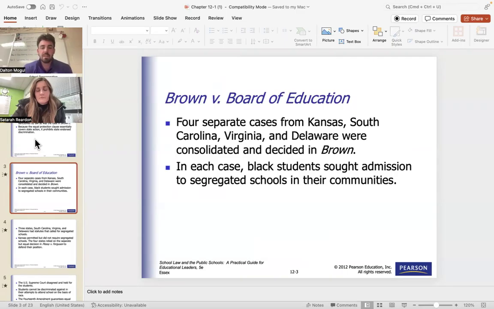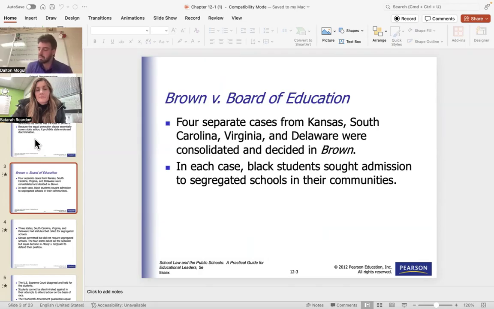Because of this, you have Brown versus Board of Education. This results in four cases separately, but all addressing something similar, so they're consolidated and decided in Brown. In each case, Black students sought admission to segregated schools in their communities, all for different reasons.